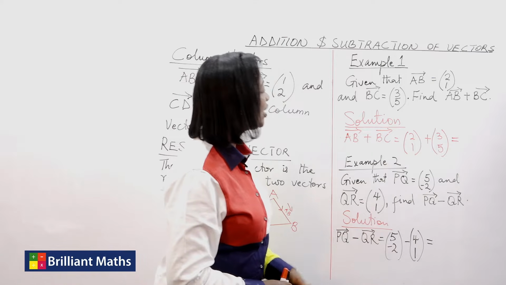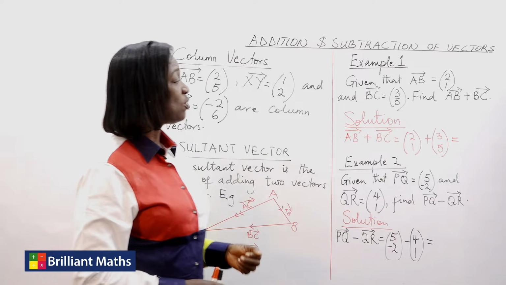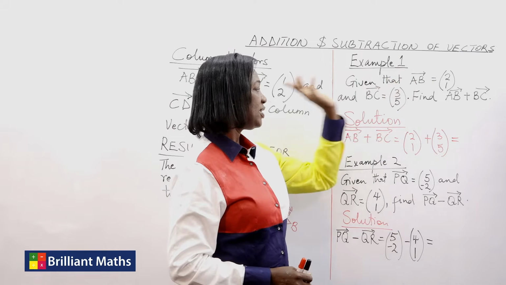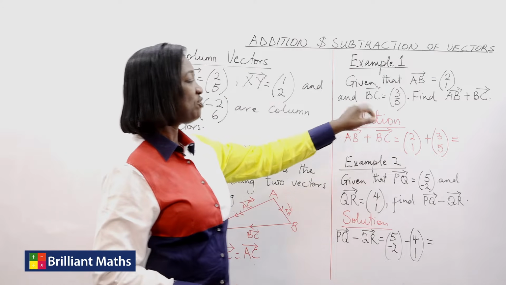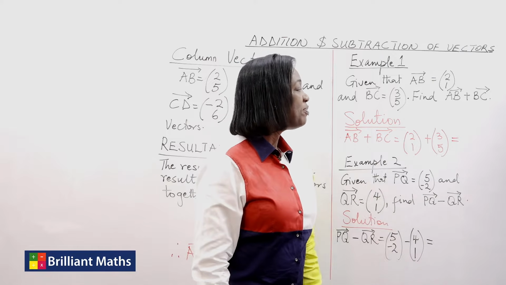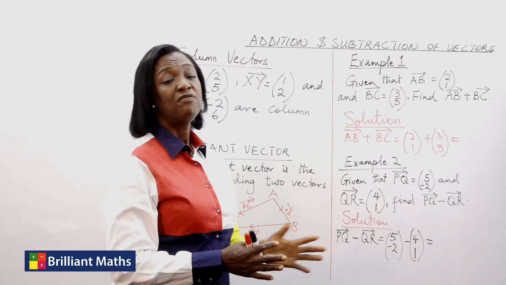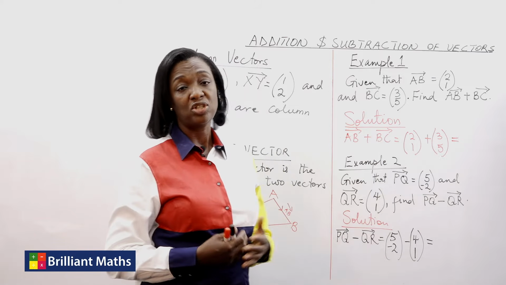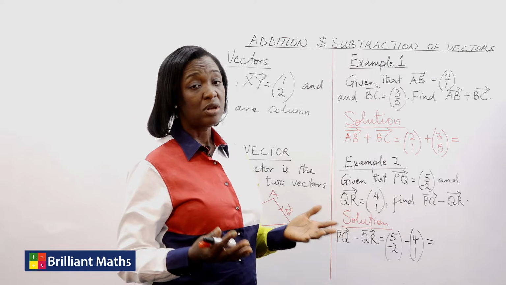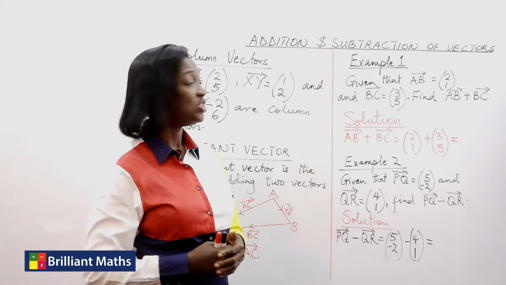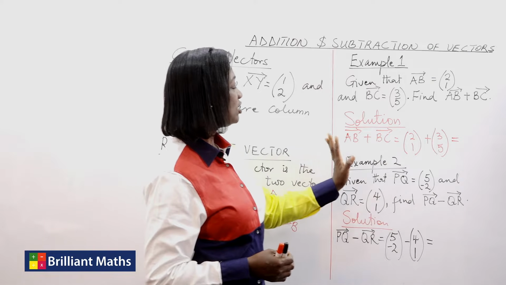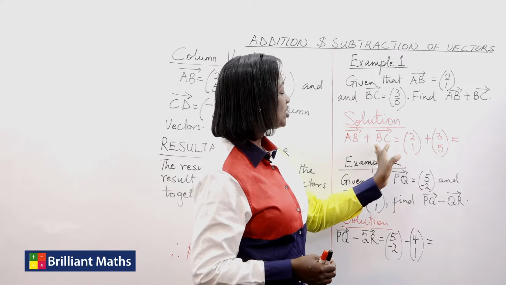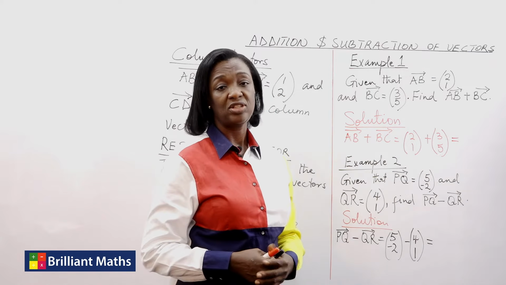Example 1. Given that the vector AB is equal to (2, 1) and vector BC is (3, 5), find AB plus BC. Vector addition and subtraction follows the same rules as addition and subtraction of numbers, positive and negative integers. So the solution, vector AB plus vector BC, we just add the components together.